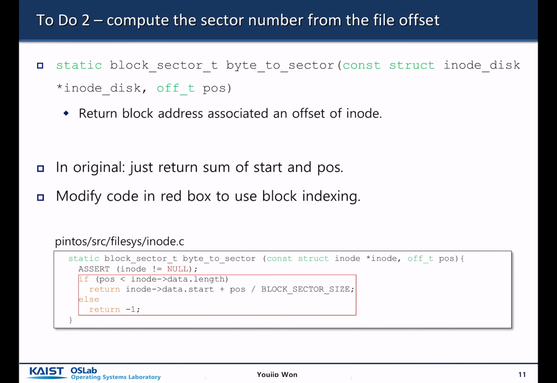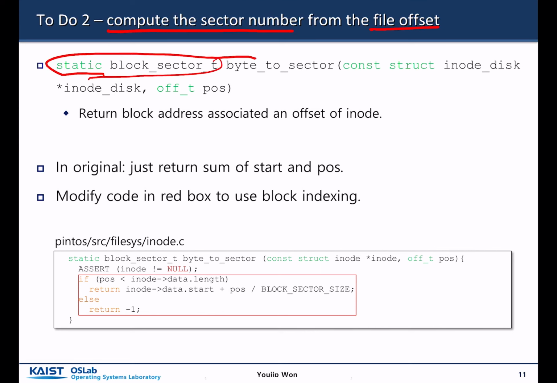Okay, and then the next thing to do is compute the sector number from the file offset. We should be able to compute the sector number from the file offset. So Pintos already defines a function, byte to sector, where block sector t is the return value type.